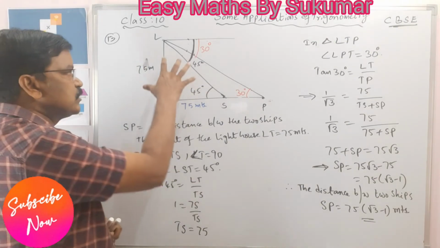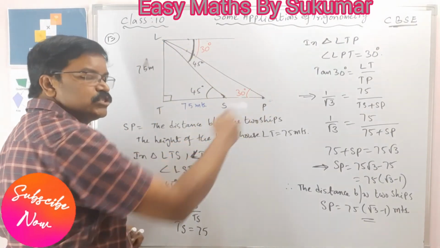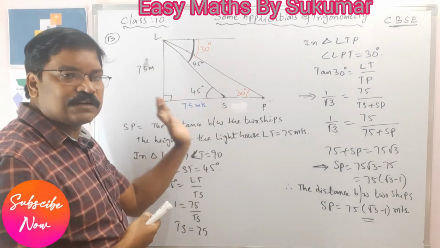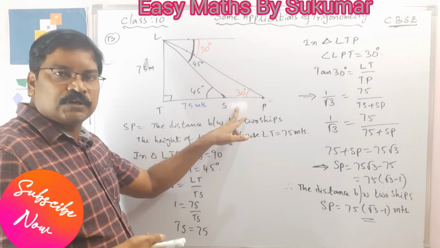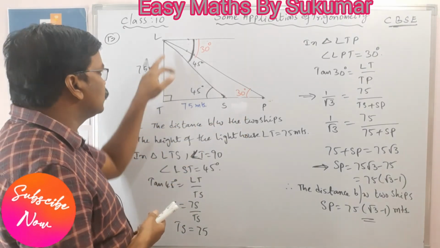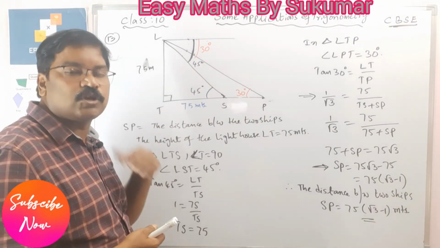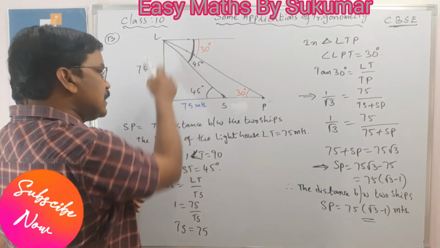See my dear students, here this is the tower and these two are the two ships, exactly behind the lighthouse. The angles of depression are 30 degrees and 45 degrees to these two ships from the top of the lighthouse. First I have taken this triangle LTS.